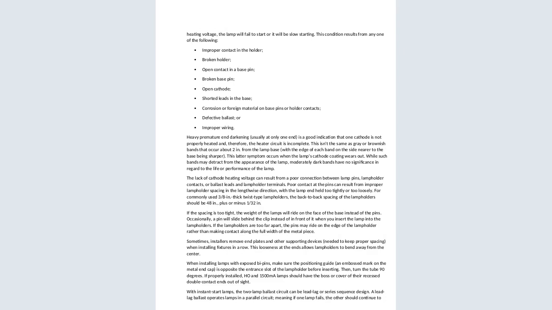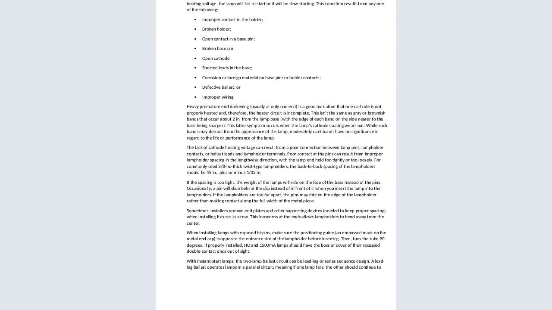So we are still on the fluorescent and how we are going to check the problems. The condition results from any one of the following: improper contact of the holder, broken holder, open contact in the base pin, broken base pin, open cathode, shorted light in the base, corrosion or foreign materials on the base pins or holder contact, defective ballast or improper wiring.